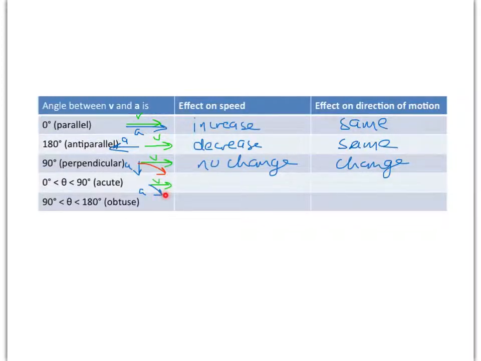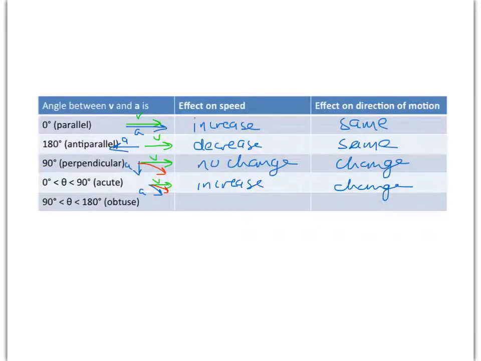So yes, the speed will increase. And the direction of motion will change as well. Because you can see between those 2 vectors right there, your car is going to take a path that is in between the velocity and the acceleration.